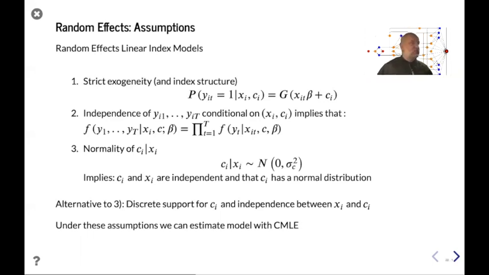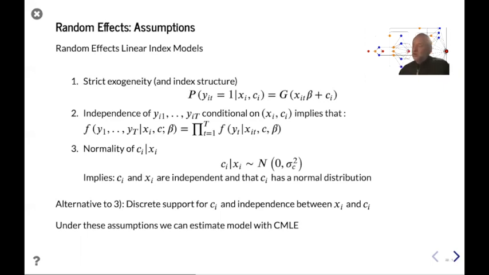That's how you calculate a joint density for T different outcomes: if they're independent conditional on x_i and c_i, then you can just multiply all those probabilities together.